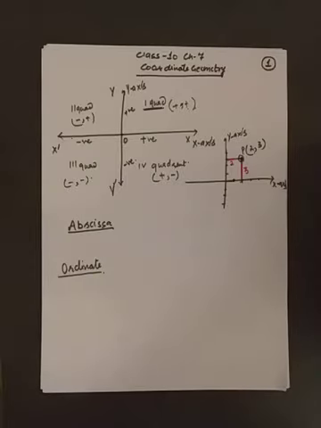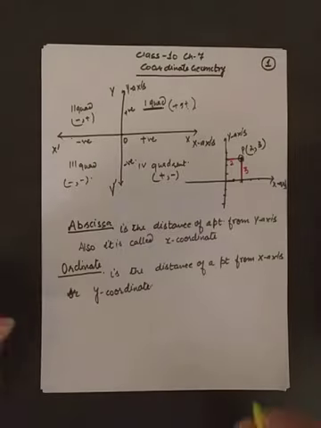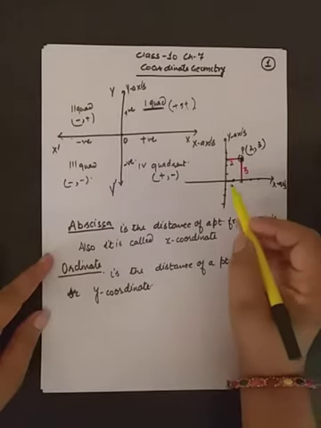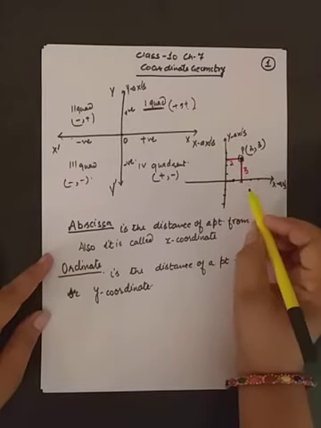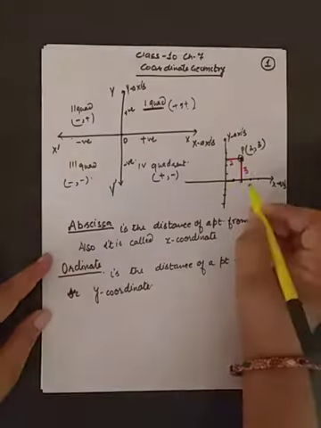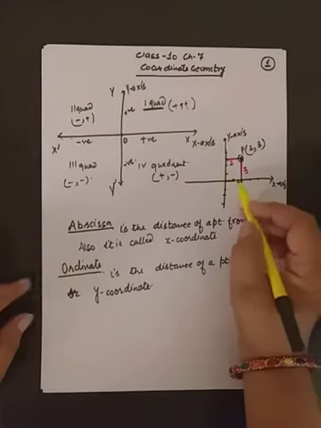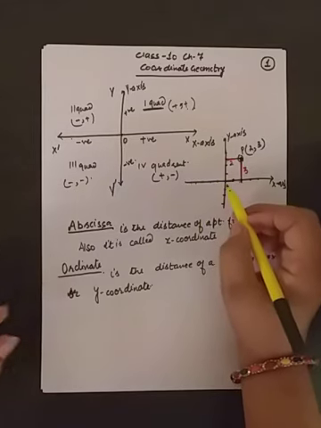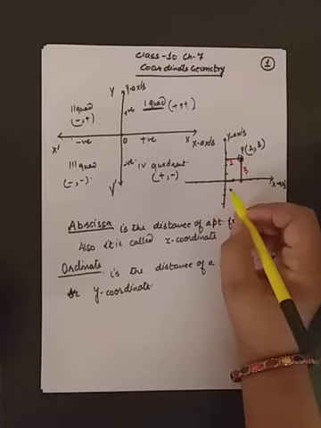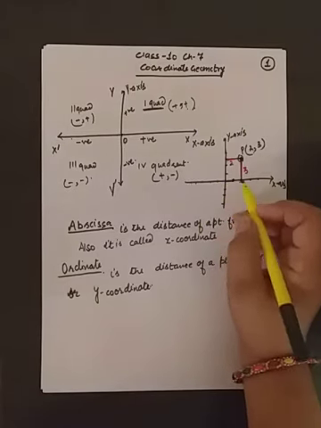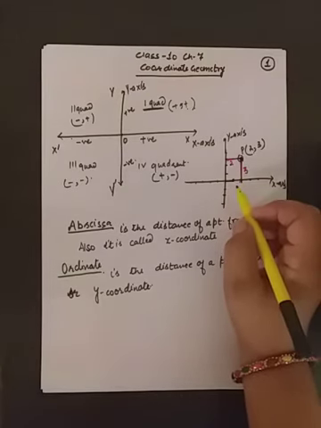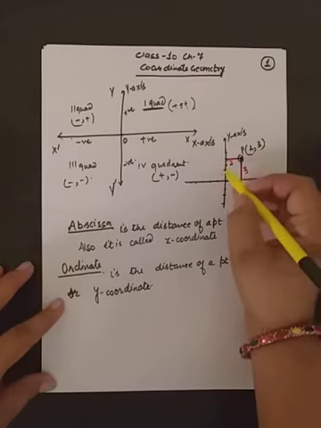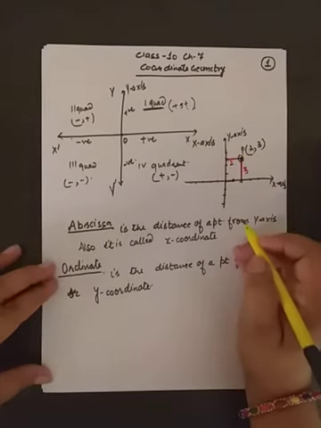Now a point which lies on the x-axis is of the form (x, 0), meaning whichever point lies on the x-axis, the ordinate of that point will be 0. A point which lies on the y-axis is of the form (0, y), meaning in all such points the abscissa will be 0.